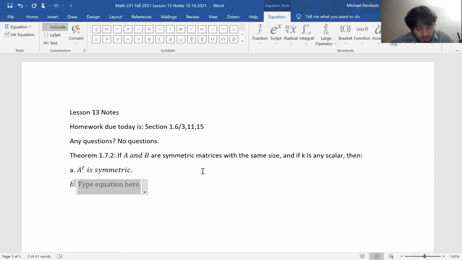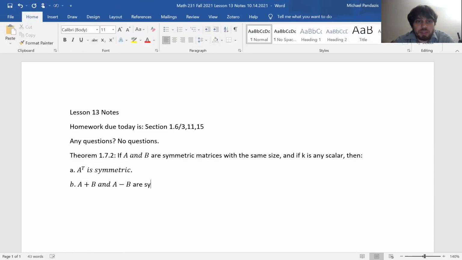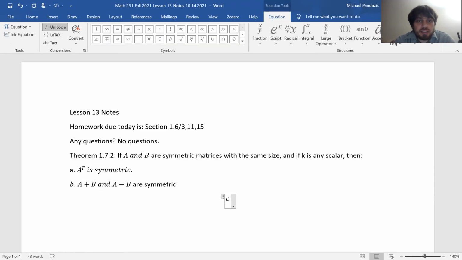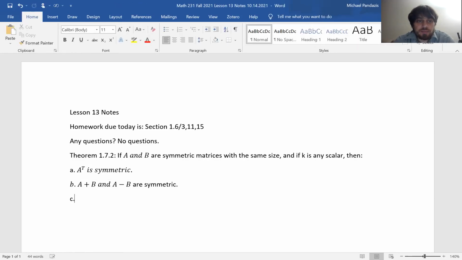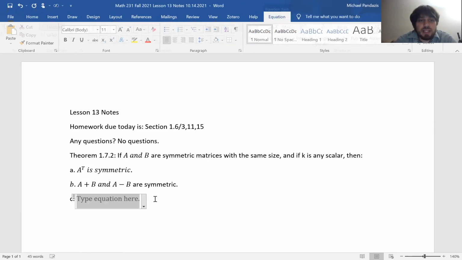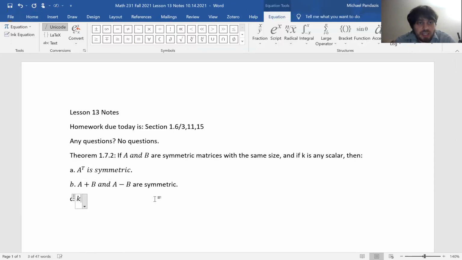Part b says A plus B and A minus B are symmetric. And part c says kA is symmetric.